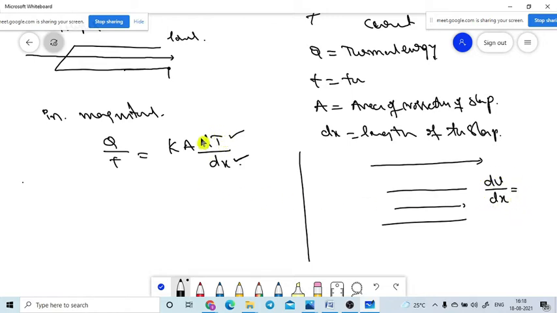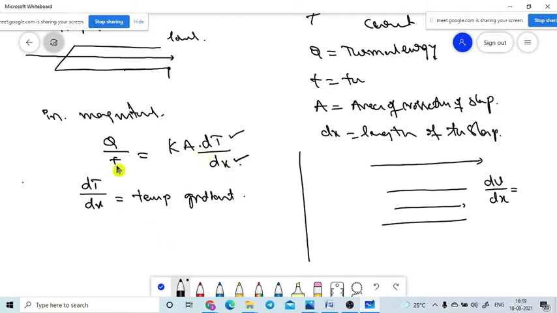Likewise, this is the change in temperature divided by the change in length. What does it mean, sir? Temperature gradient. dT by dx is nothing but the temperature gradient. Some problems will directly give the value of the temperature gradient, and we need to use that value, so keep it in mind.